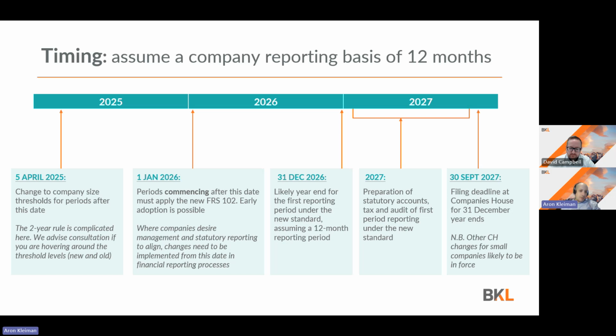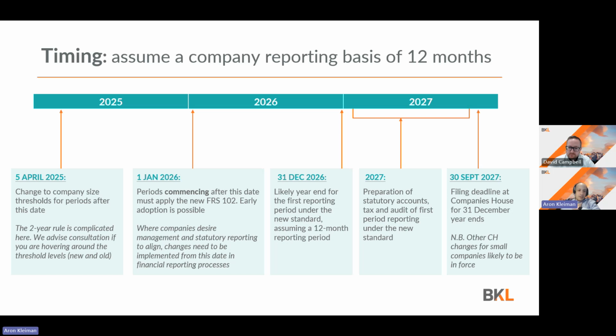April 25 was when the change to the company size threshold came in. I did want to flag really briefly the 2-year rule, whereby it's the second year of breach where the new requirements kick in, both on the way up and the way down for companies, is made quite complicated by these changes. And we would advise that you consult with us if your company size is on or near the new or old thresholds around this time.